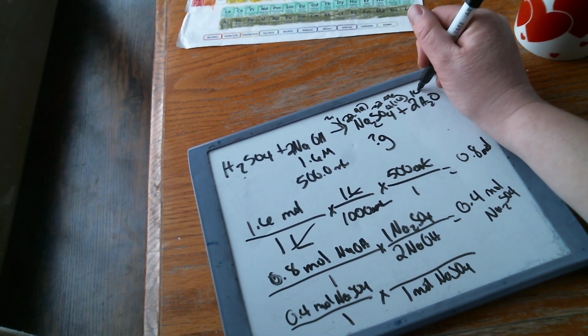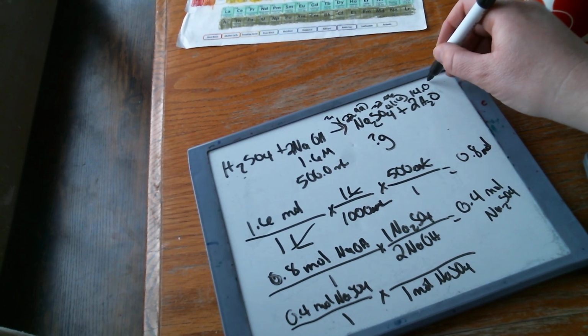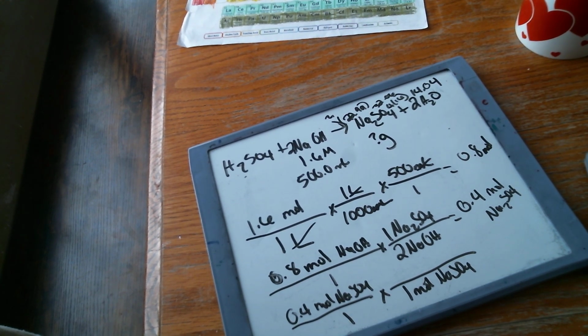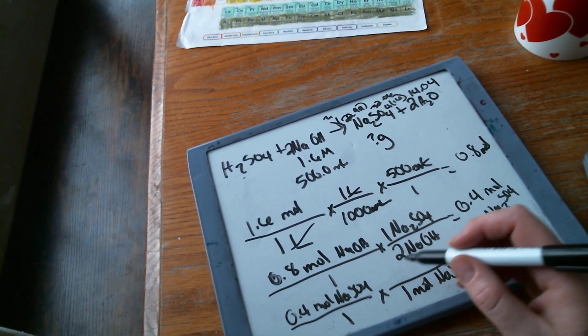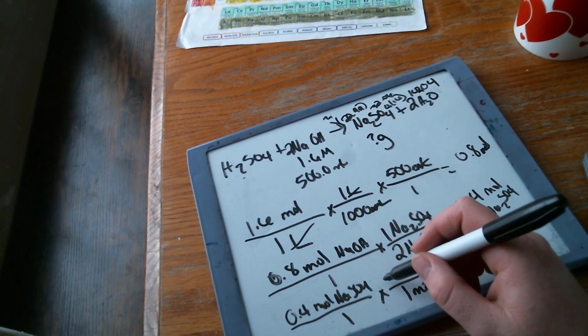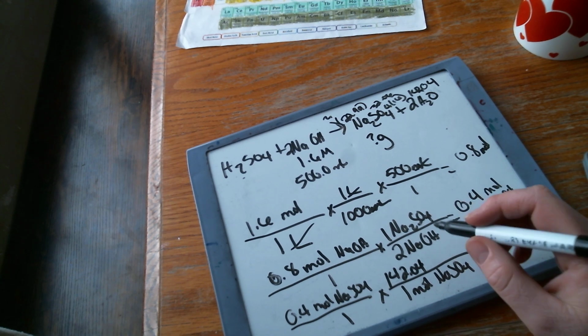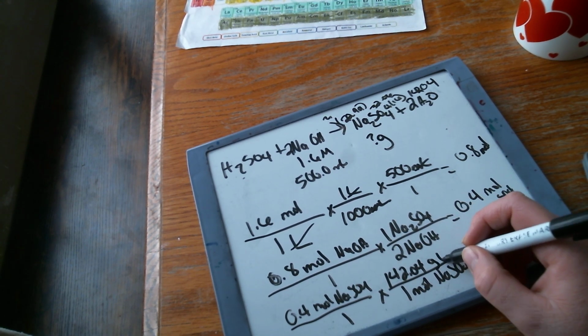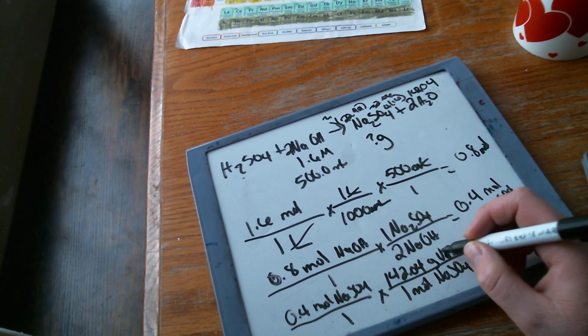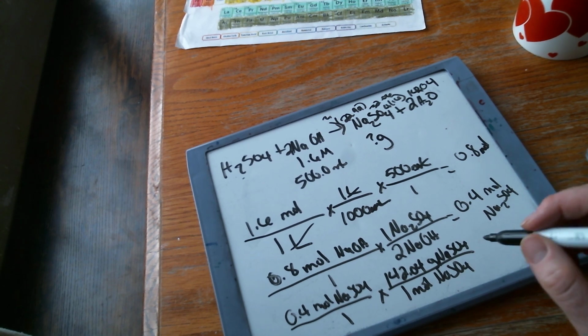That's 142.04. So that is what we need to put here: 142.04. Our atomic mass units in grams, Na2SO4, is that many moles.